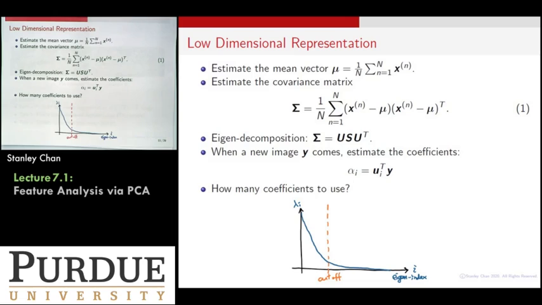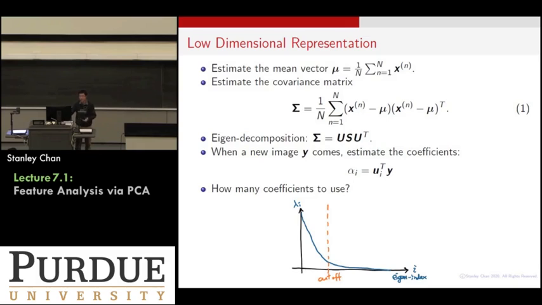That would be the distribution of all these eigenvalues. Then you can make a decision. I want to keep 90% of my energy. That means I go down this curve so that this cutoff point corresponds to maybe 90%, and the rest corresponds to 10%. So you can do this kind of calculation to decide where to stop the eigenvectors.